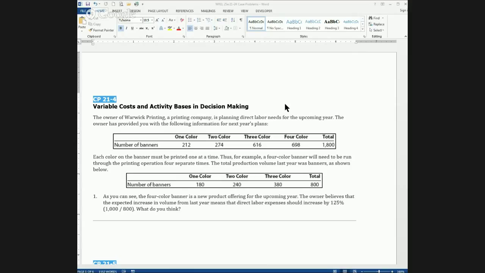Let's start with case problem 21.4, which is on activity-based costing. Here you have a company, Warwick Printing, and they are planning their labor for the upcoming year. Last year, they had 3 different types of banners.